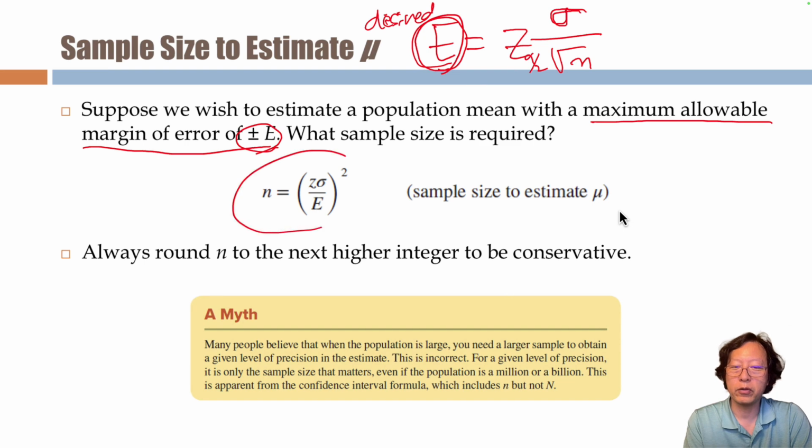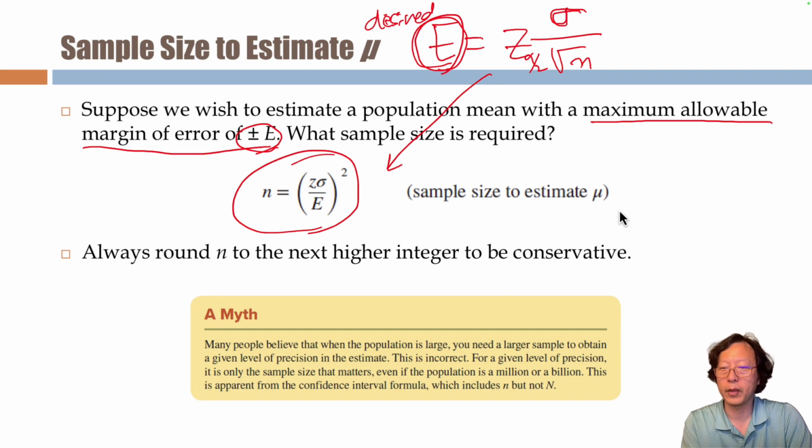It looks like a new formula, but if you just solve for n, you can get this formula. I will multiply square root of n on both sides, right? Then it will be square root of n times E equals Z times sigma.